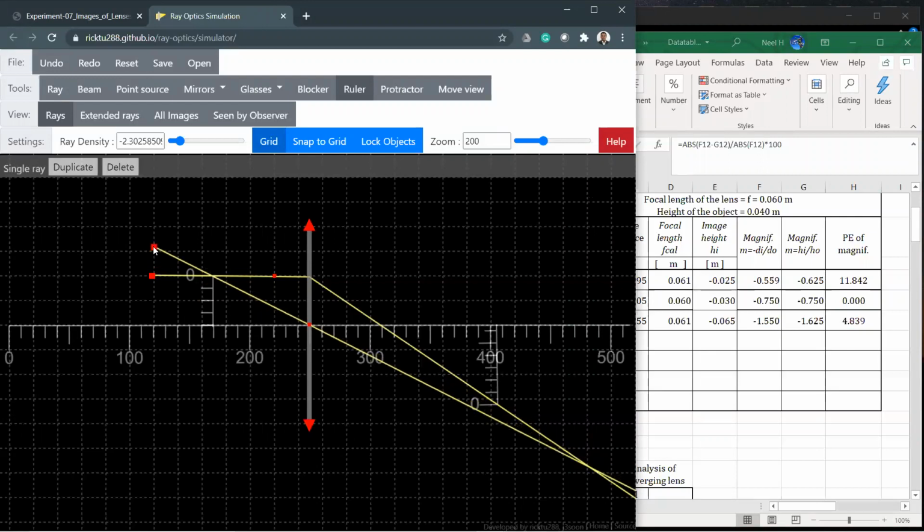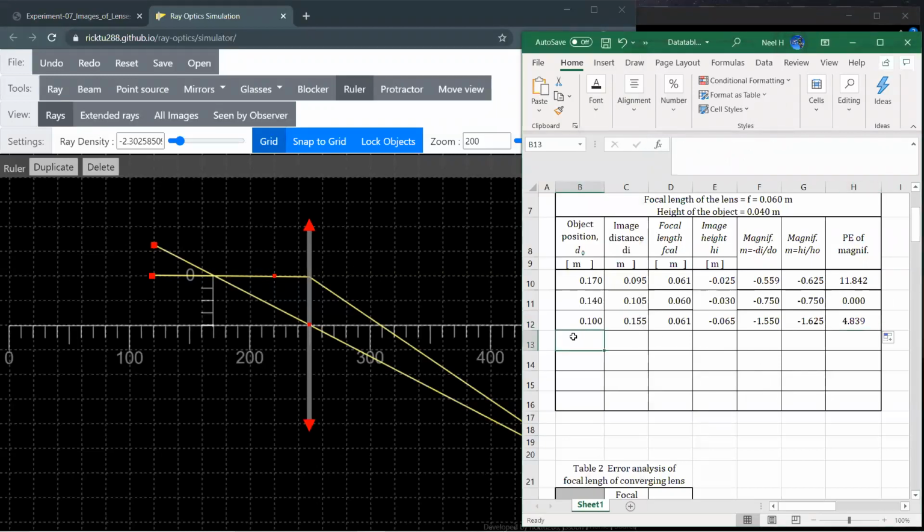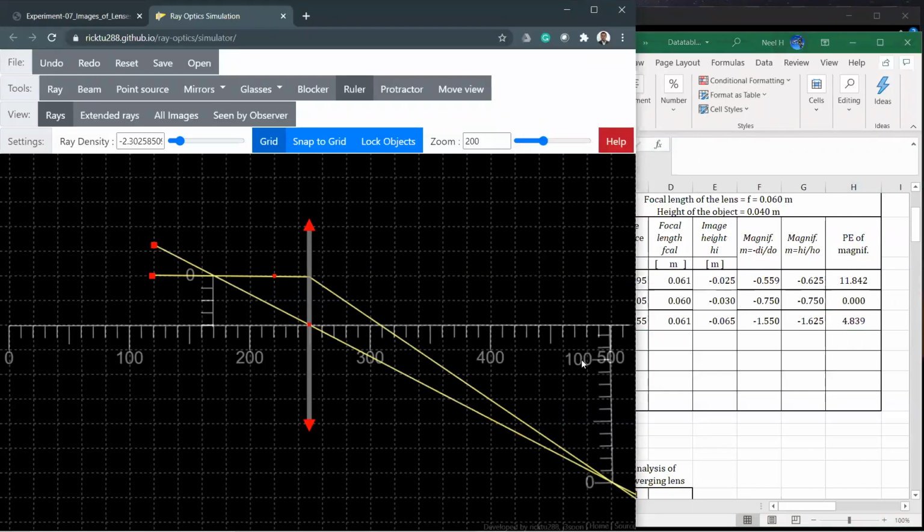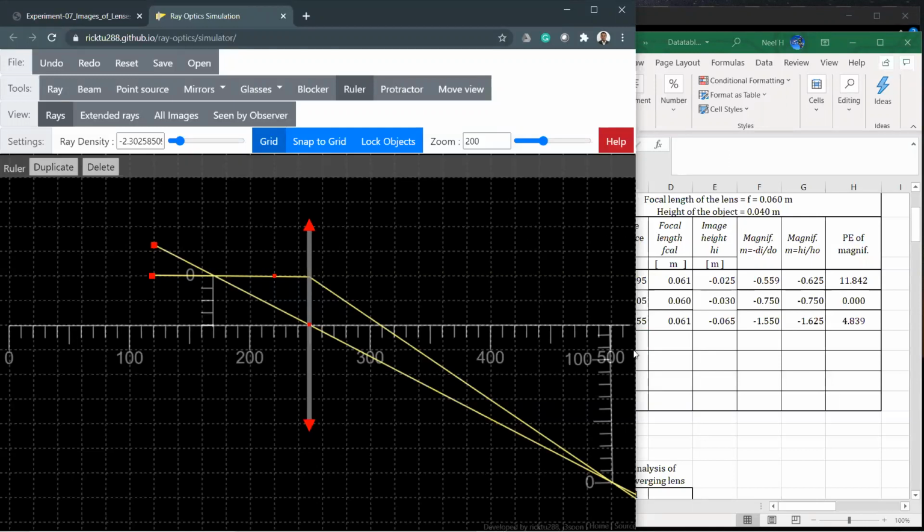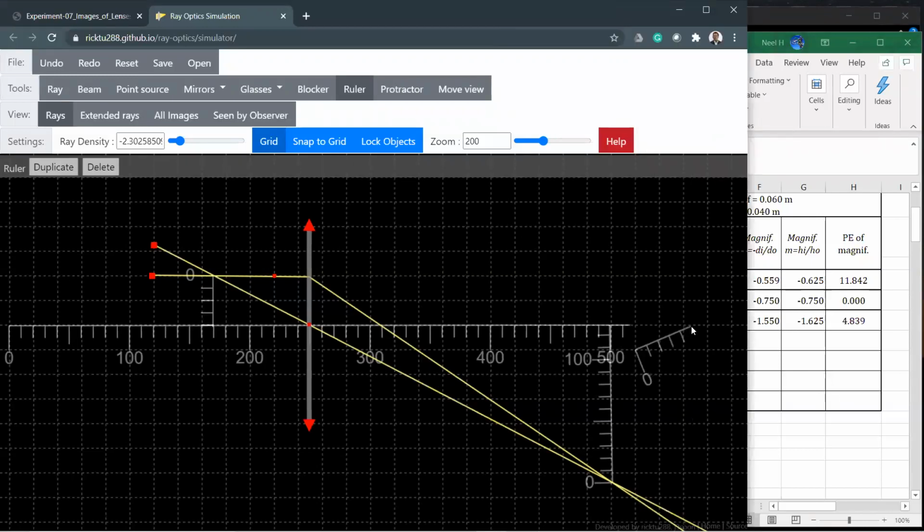Let's change this way. Parallel ray, you can leave it as it is. And you can see now the image moves much further and gets much bigger in size. Now it's right here. Okay, now the object is at about 8 centimeter location, 0.08. The image is at now, we have to get a screenshot also for this one.